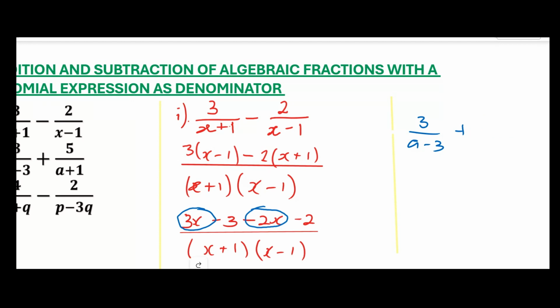Let me just reverse the procedure. So plus 5 on a plus 1.